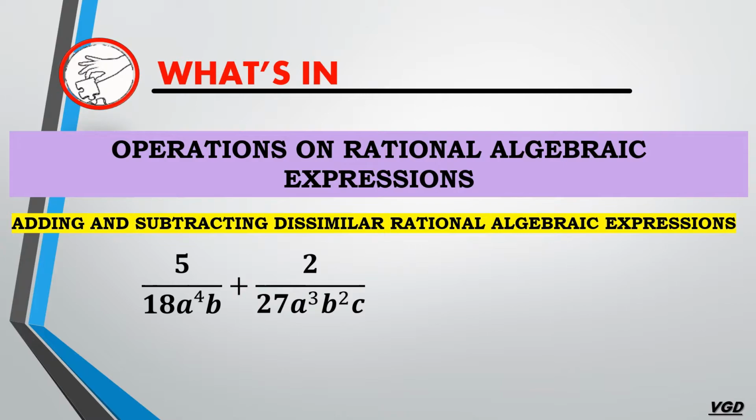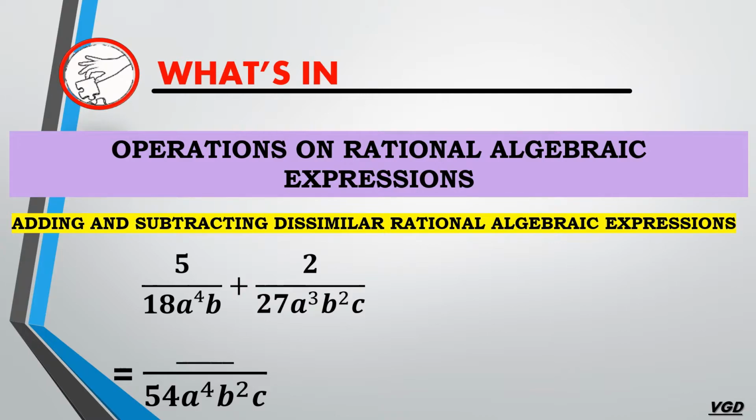As you can see, they don't have the same denominator, so we have to get the LCD. So the LCD is 54a to the power of 4b squared c. And take note, in getting the LCD, we have to get the least multiple that will divide 18 and 27.